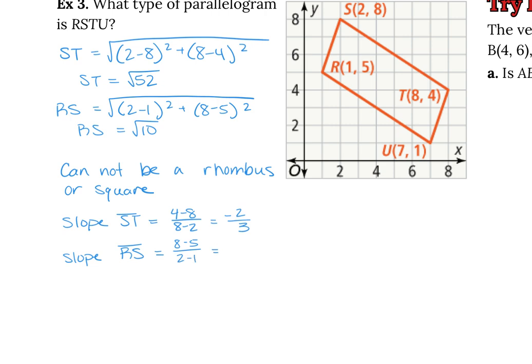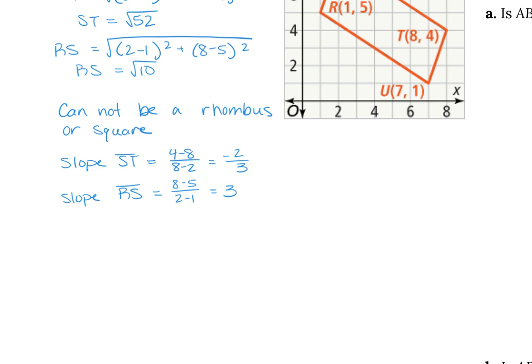That's going to get me just 3. Okay, so that's not 3/2. These do not have negative reciprocal slopes of each other, and it is not forming 90 degrees. So this is not a rectangle. So if it's not a rhombus, not a square, not a rectangle, that means it is just a parallelogram.